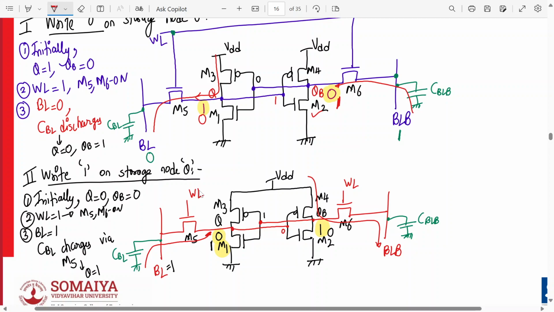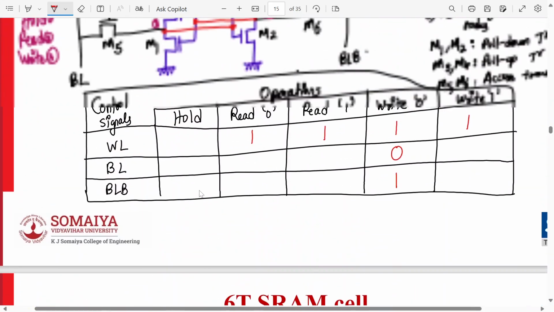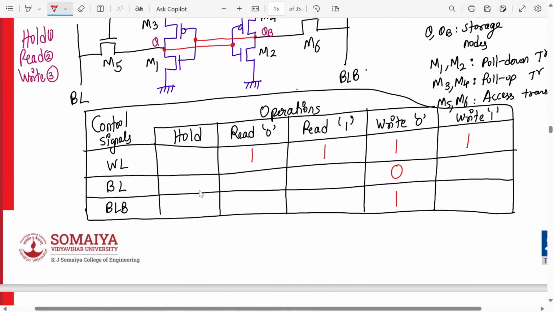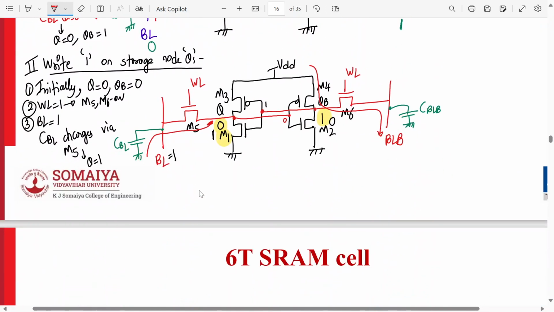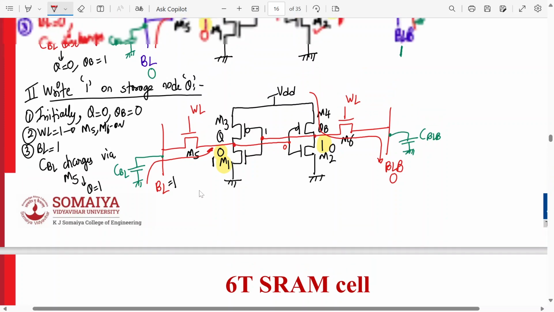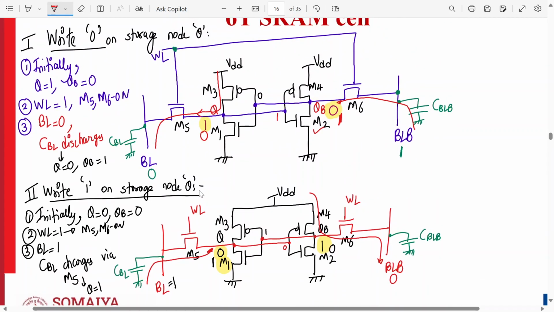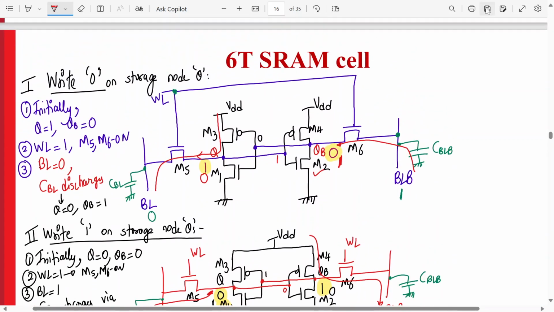So hence we have written 1 on the storage node. Understood this? For this we make BL as 1 and BLB as 0. So here BLB is 0 and BL is 1. Understood this? Everyone?